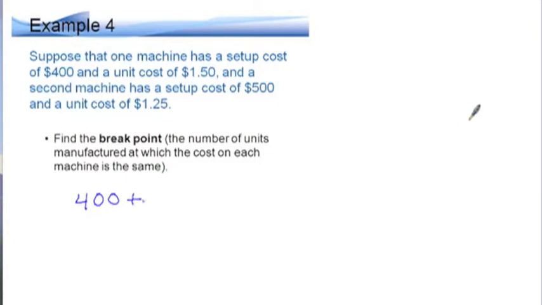Plus, it's going to cost me $1.50 times the number of things I make, so times X. That's how much machine 1 is going to cost. Machine 2 is going to cost an upfront cost of $500 plus $1.25 times the number of items I make. And because we're looking for the break point, which is the number of items where it's equal, you just set those two things equal and solve the equation.